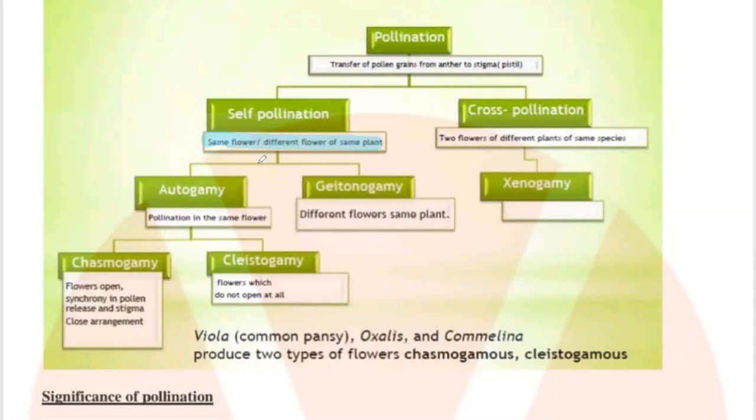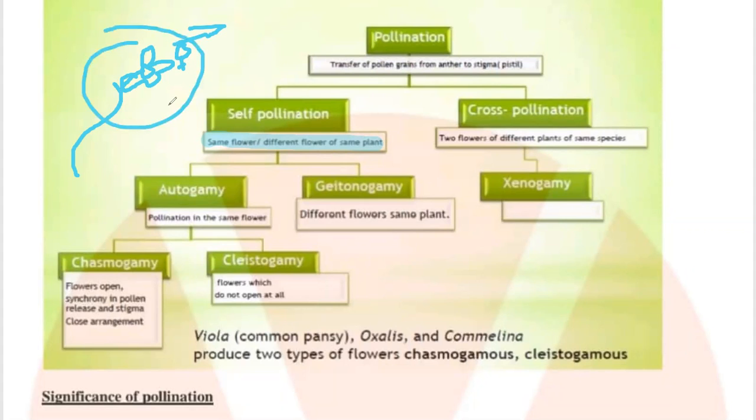When we say this, suppose I make this one plant, here one flower, here one flower, this flower is bisexual. And the pollination happens within this flower, then we state it as autogamy.